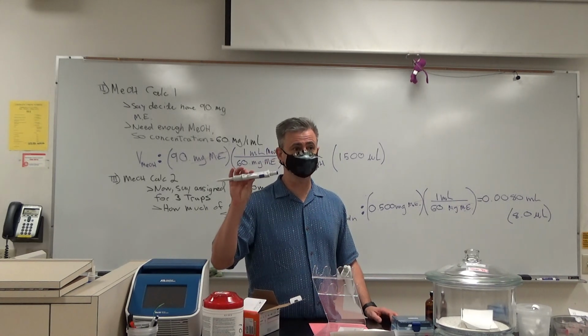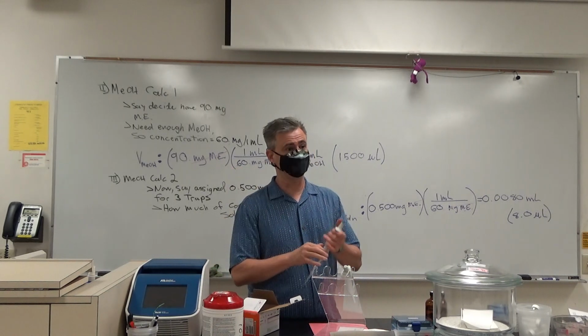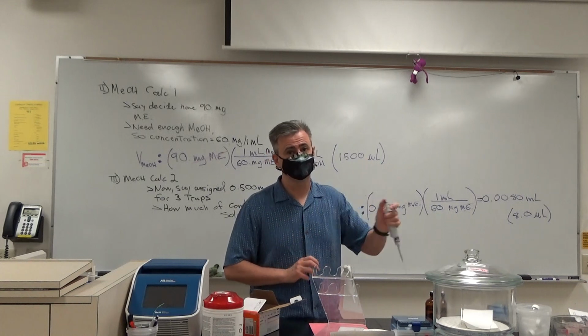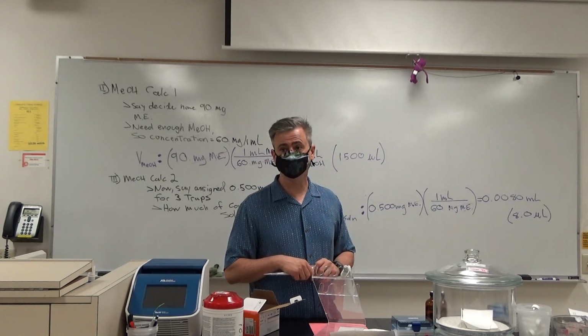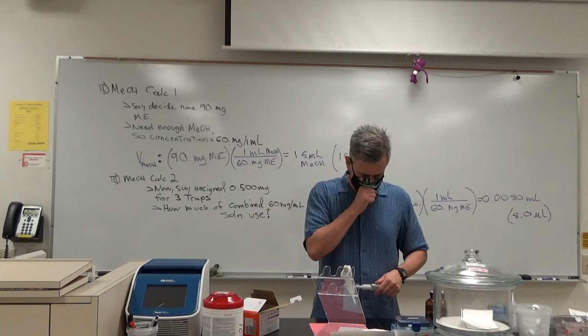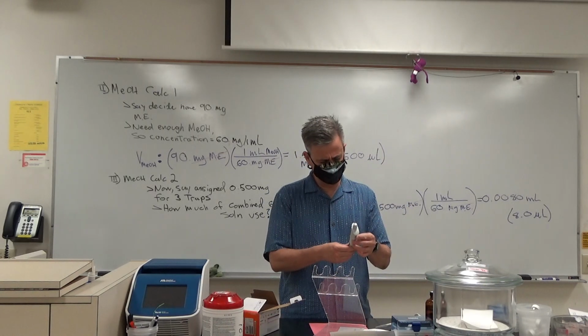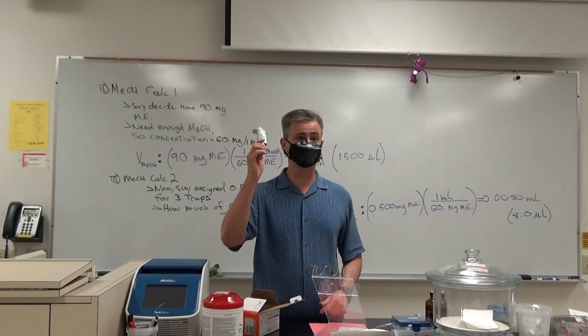The capacity of this is 1,000. So I'll put in 1,000, and then I'll reset this to 500, and put in another 500. Okay, and this guy goes up to 10.